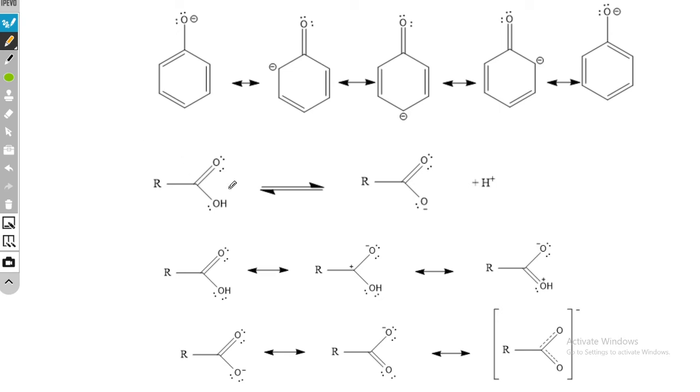From the name itself, we can see that this is carboxylic acid. It is an acid, so it definitely will have some acidic property. Here, this OH can be easily removed to form this carboxylate ion. This is the carboxylate ion.